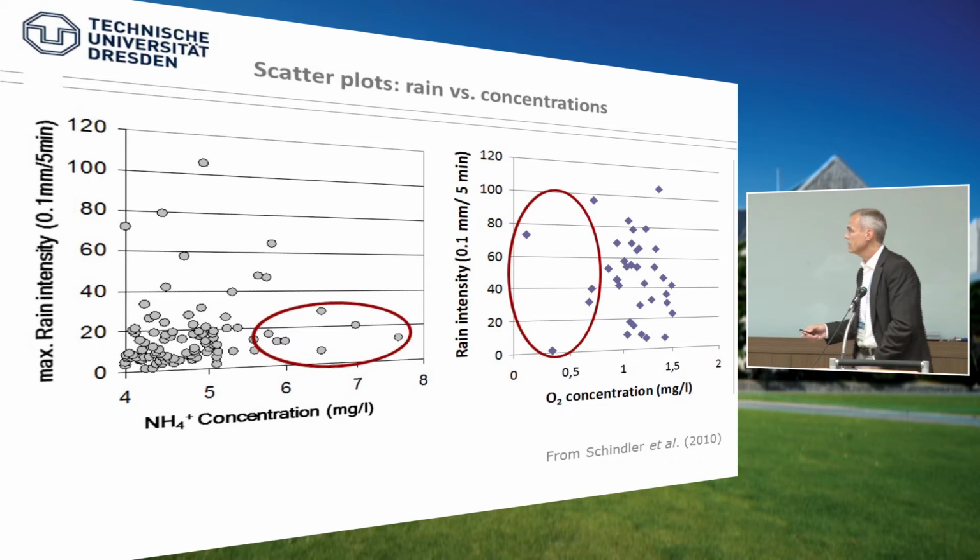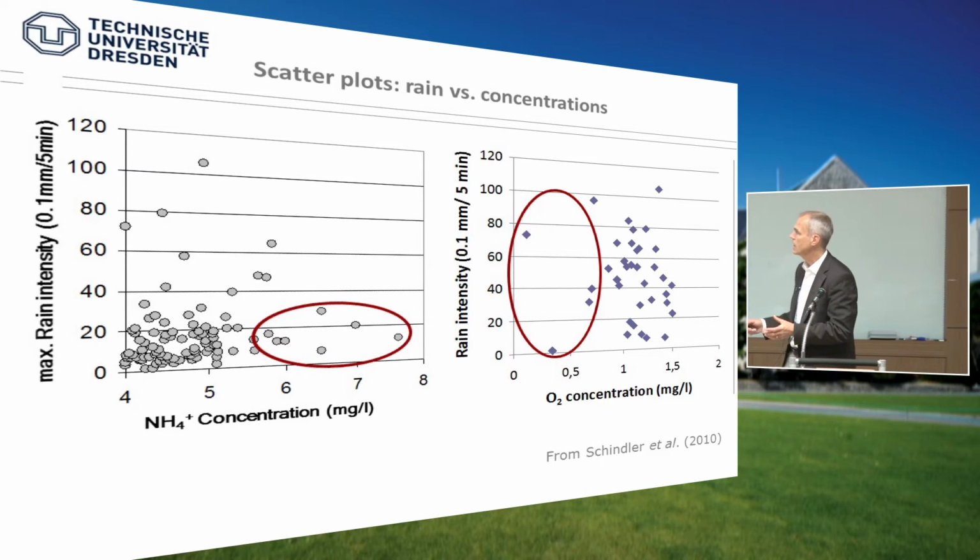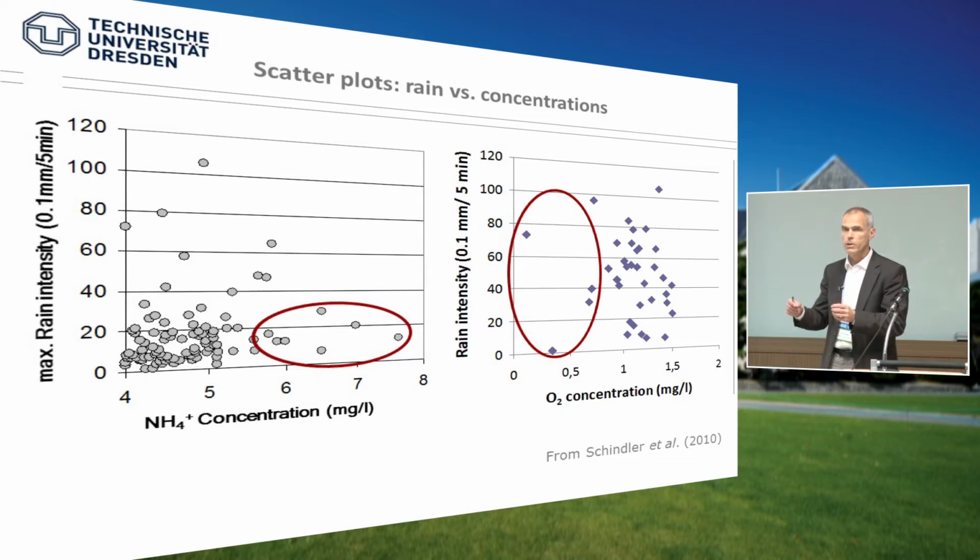But here it becomes more interesting when we plot a lot of results, and these are extreme events, not with regard to rain intensity in the first place, but with regard to maximum ammonium concentration in the left graph and minimum oxygen concentration in the receiving water in the right graph.